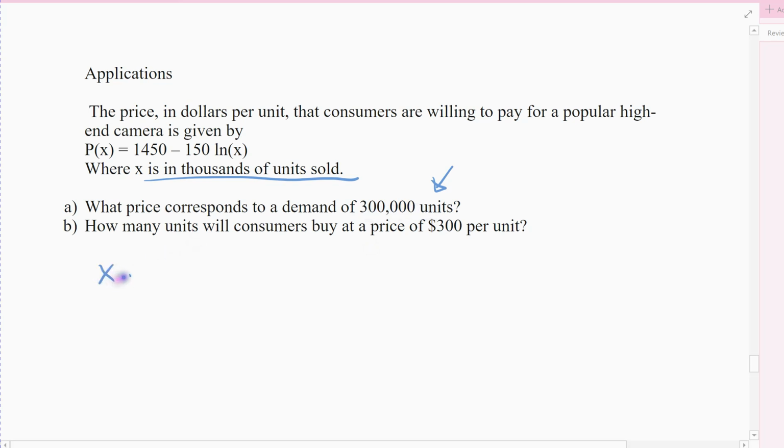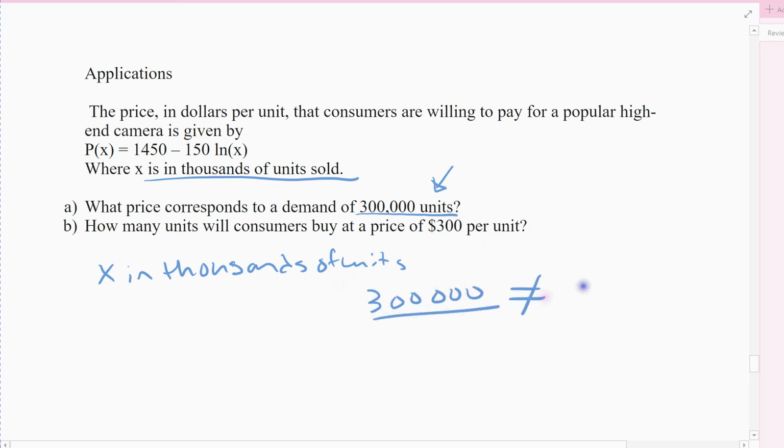So X is in thousands of units, and when they give you 3,000 units, 3,000 is not the X value. 300 is the X value, because X equals 300,000. So make sure you're careful.